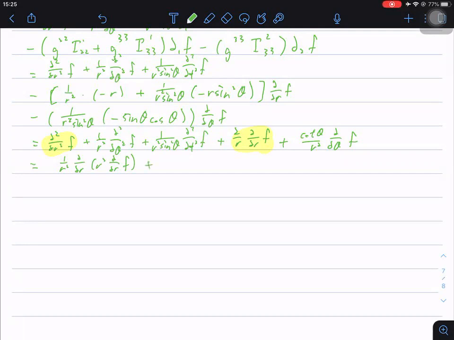And for the cotangent, we can write it as 1 over psi partial derivative of psi. Okay, I should write it here.